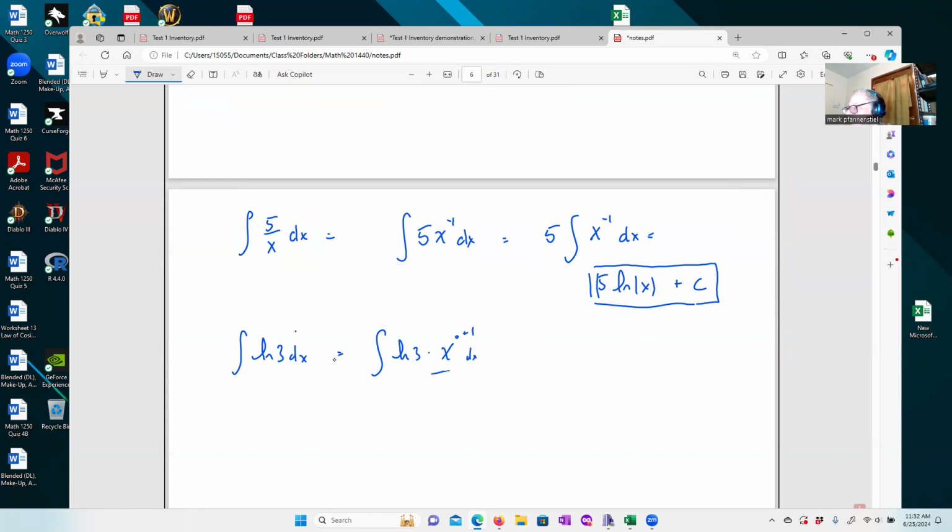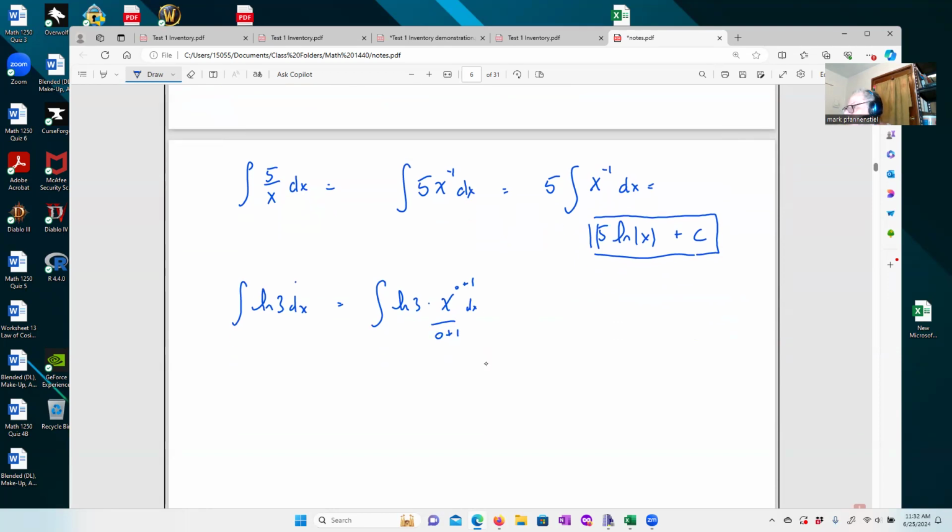We just add 1 to it. We have 0 plus 1, which is just 1. So we'd end up with ln of 3 times x to the 1, though you wouldn't have to write this, plus our c. So our answer here would be x times the natural log of 3 plus c, because the natural log of 3 is a constant.